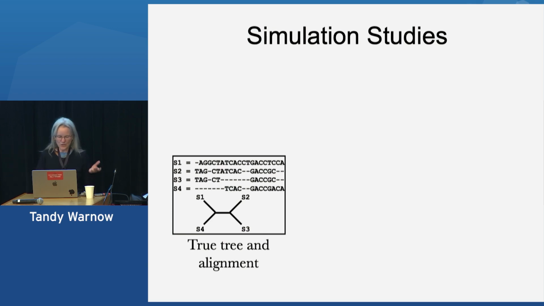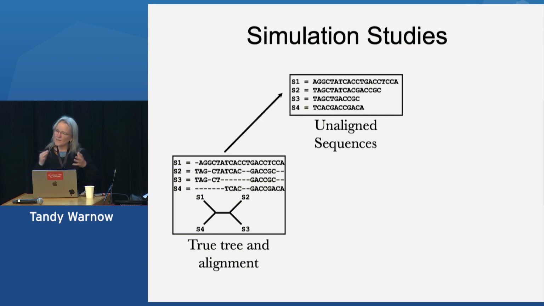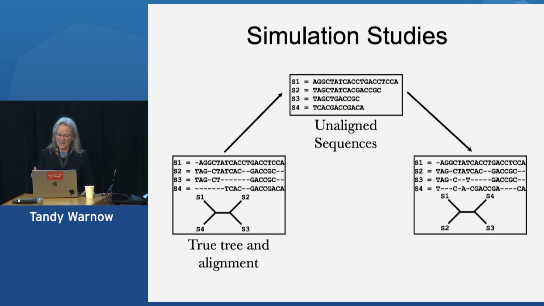So you have this true tree and true alignment, and you take the sequences and you eliminate all the gaps. So now you have unaligned sequences. And then you take those unaligned sequences, and you align them, and you get a tree. Now, typically, that tree will be something you compute on the alignment, but you might have co-estimated them together, okay? The point is, you start with sequences that come from a simulation, you know the true alignment, you know the true tree, and you try to construct the alignment and the tree.